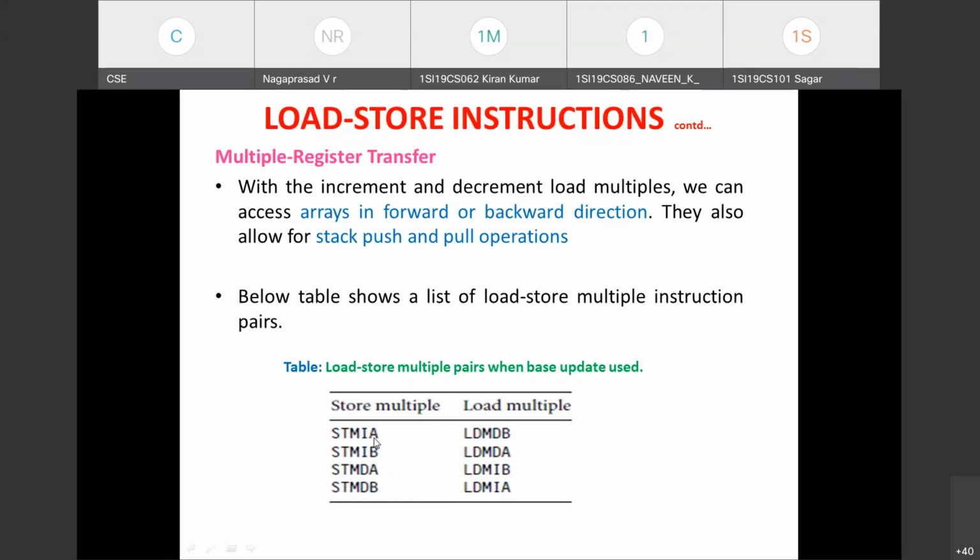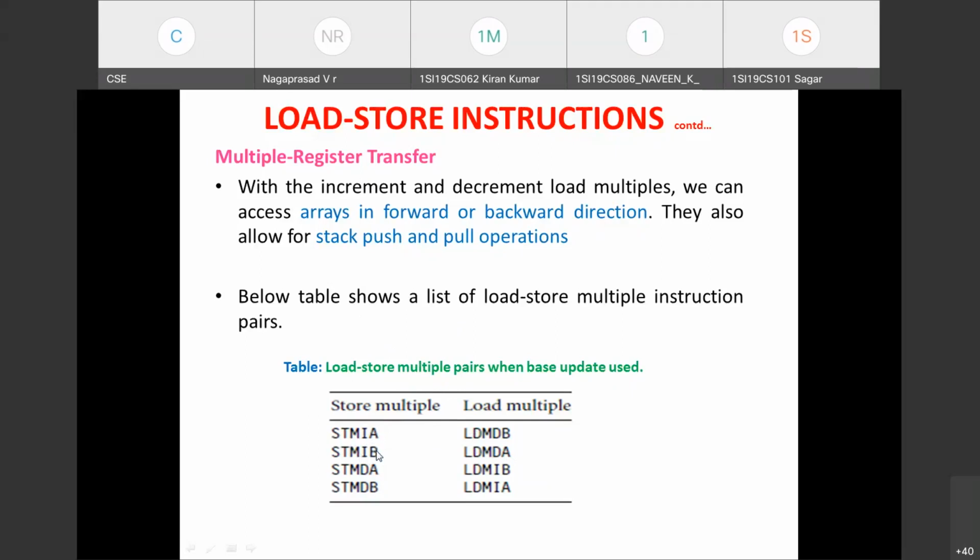Just observe the register pairs here. If we are using STMIA, increment after addressing mode for the store instruction, what is the paired load instruction you have to use to fetch the data so that the context will be restored? It is DB. I you have to replace with D and A you have to replace with B. In the next instruction you see IB.